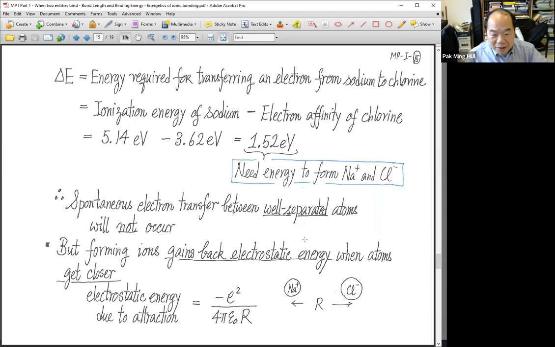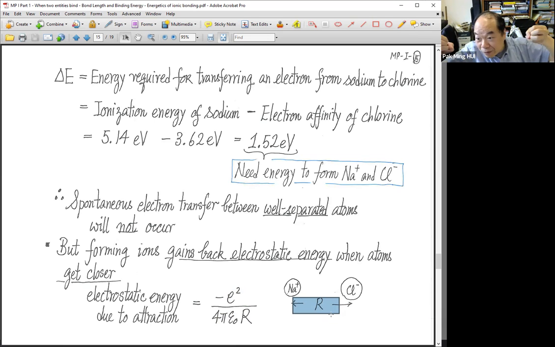However, once the ions are formed, an additional energy kicks in. It is the Coulomb attraction. Because they are opposite ions, there will be an additional term that comes in, the Coulomb term, minus e squared over R. Depending on the separation, this negative term will carry different weight. Will there be a distance at which forming the ions will break even in energy?